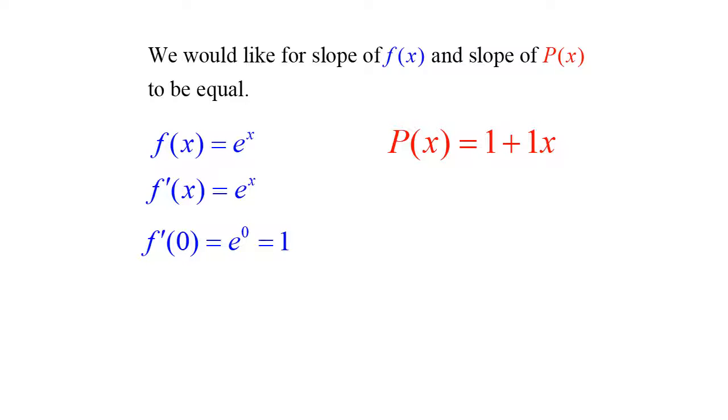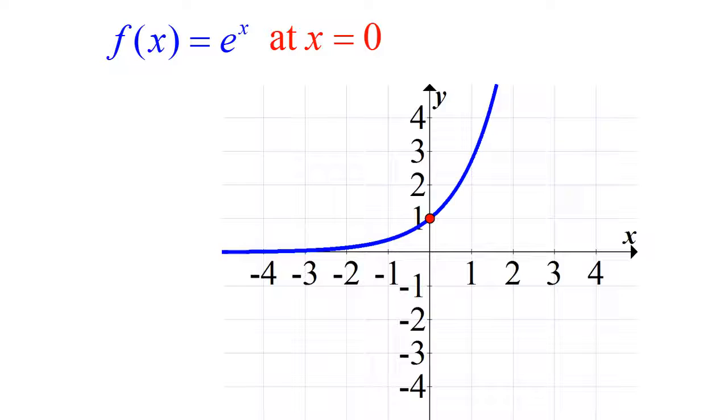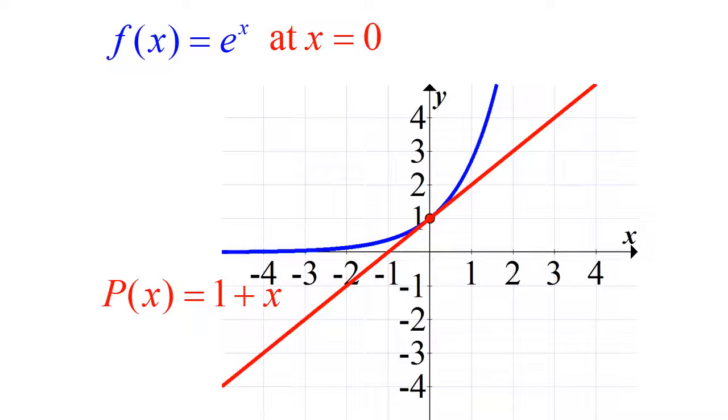So this is a first degree polynomial with a slope of 1. Now notice when we put our polynomial on the graph along with the function that they now have more points in common, a little larger range where they're the same than previously.